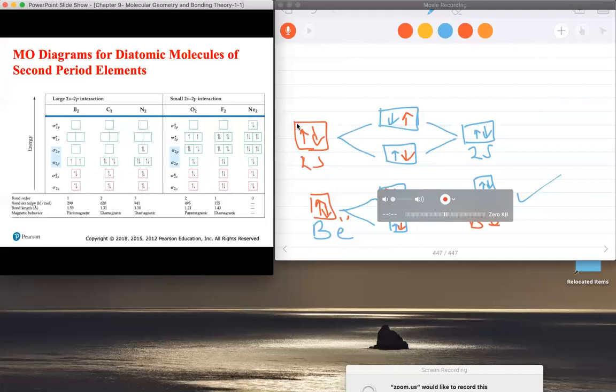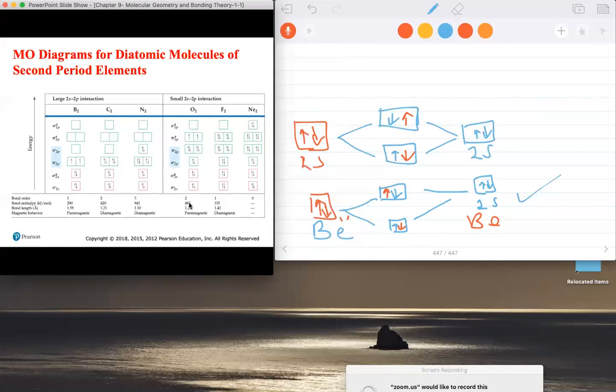If you look at the total number of electrons, 2 plus 2 is 4, and we have 4 right here. I was writing beryllium Be2, and you don't see that. Does it really exist? You can calculate the bond order and see how it's going to work. If it's 0, that means it does not exist.